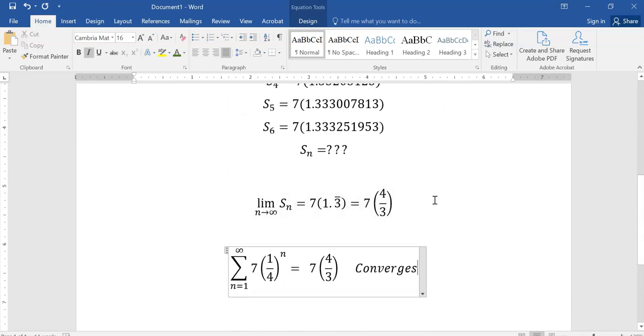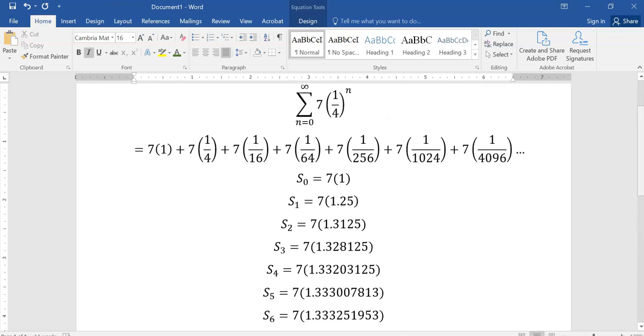And so it has a very particular pattern. Notice that 4/3, how that plays out with 1/4. First off, the 7, obviously, we could have just factored that out at the very beginning. The really interesting part is an infinite sum of 1/4 to the nth power. And what's 4/3?